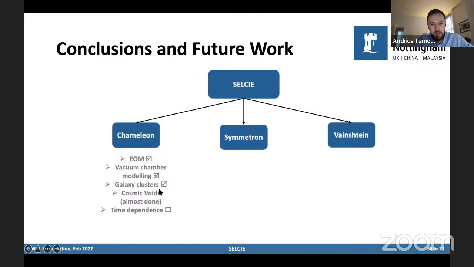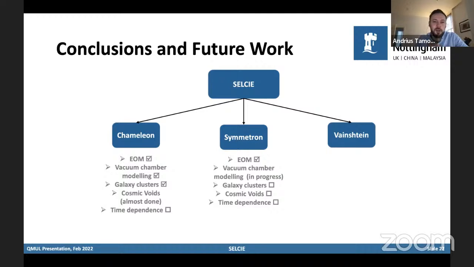We investigated galaxy clusters, and at the moment, we're investigating cosmic voids. So almost done, just writing up at the moment. And one of the things we want to investigate next is time dependence. So what happens if you have an extra time dependent source or extra time dependent term in your equation of motion, which would allow you to have more realistic simulations.